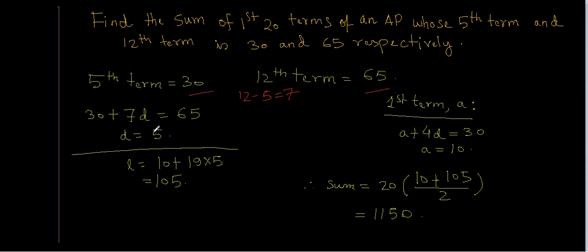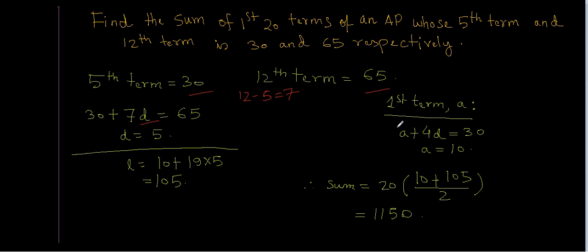So if we add 7 times the common difference to 30, that is the fifth term, we will reach the 12th term, that is, we will get 65. From there we can find d, that is the common difference is 5.